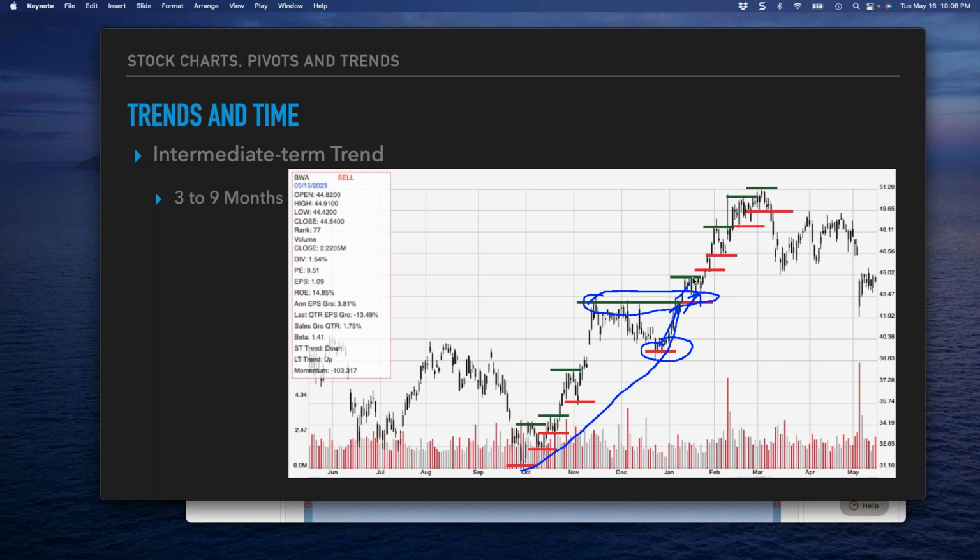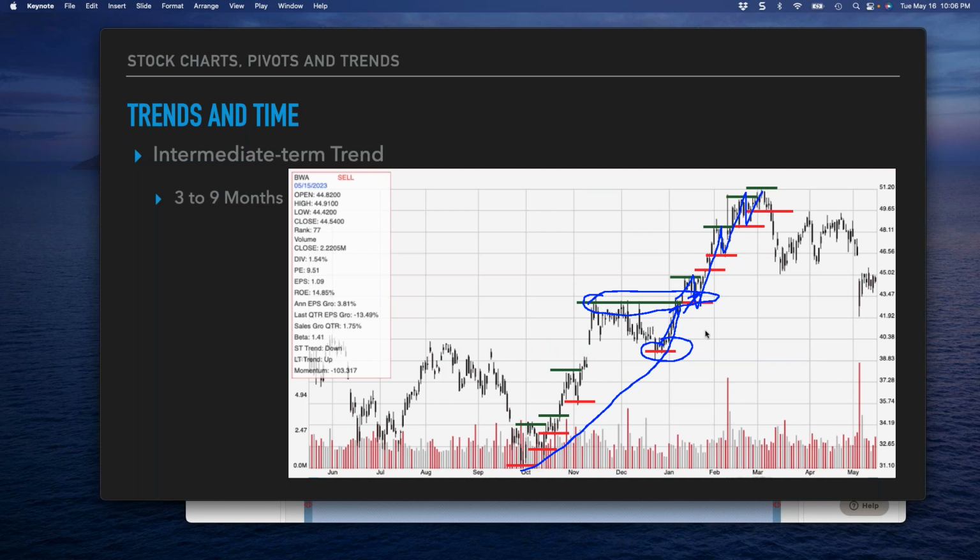It continued its stair-step pattern over the course of the next couple of months. From October to February, this is covering a time period of about 5 months. So this is a good example of a strong intermediate upward trend.